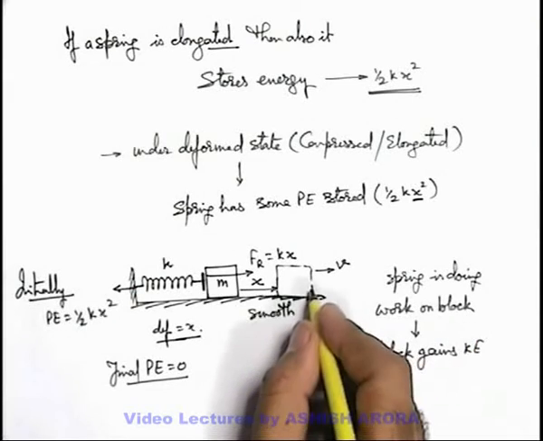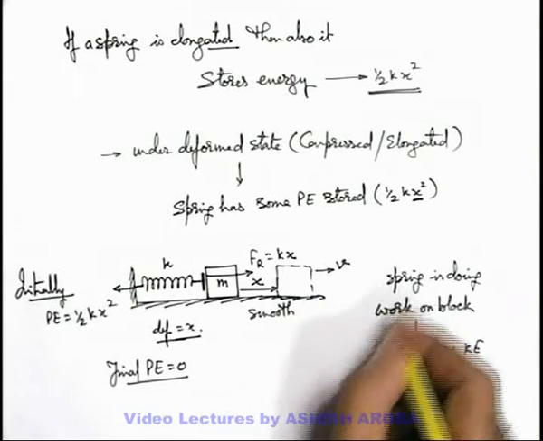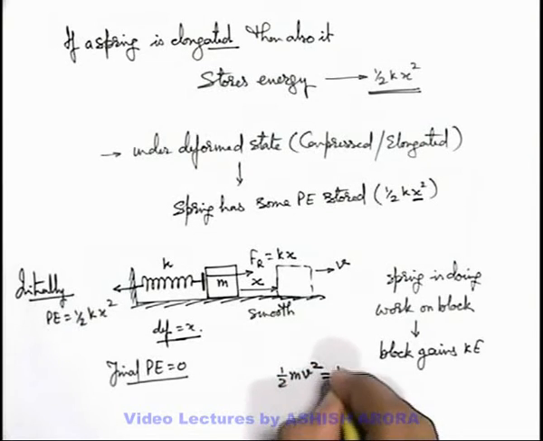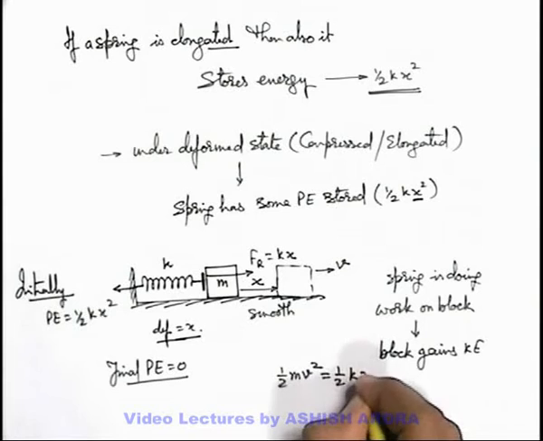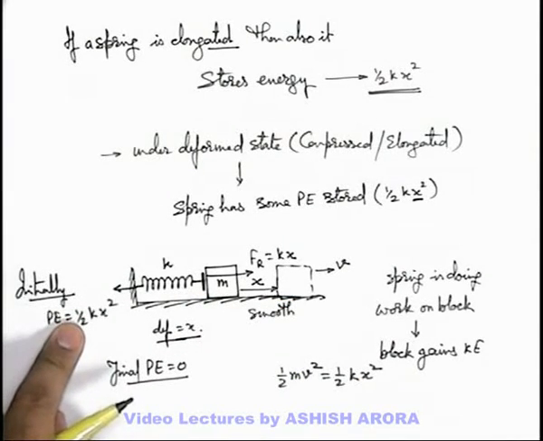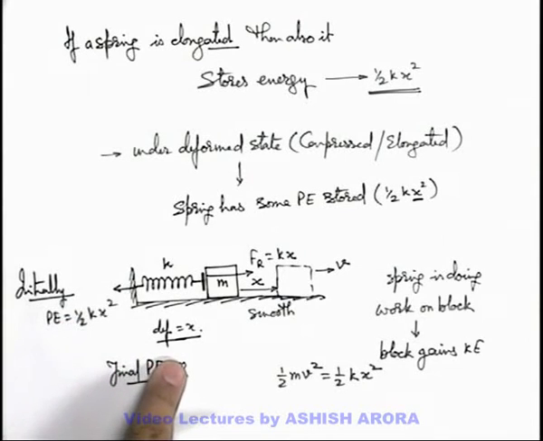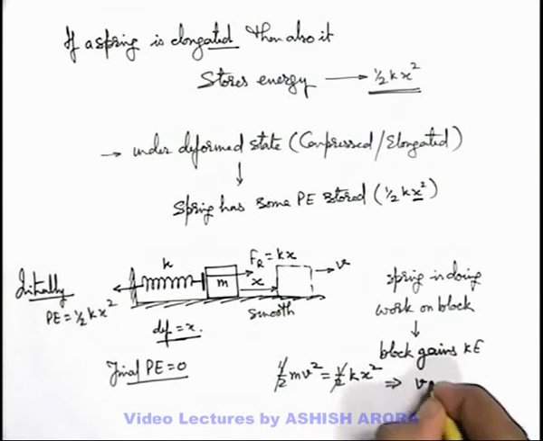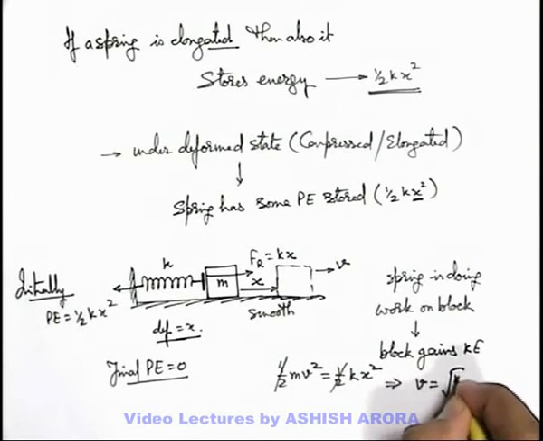By energy conservation, the kinetic energy gained by the block must be exactly equal to the potential energy released by the spring, as the initial energy was half kx square and final is 0. So the loss in potential energy of the spring is gained by the block in the form of kinetic energy. Using this relation, the half gets cancelled out, and directly you can get the speed of the block, which can be written as root of k by m into x.